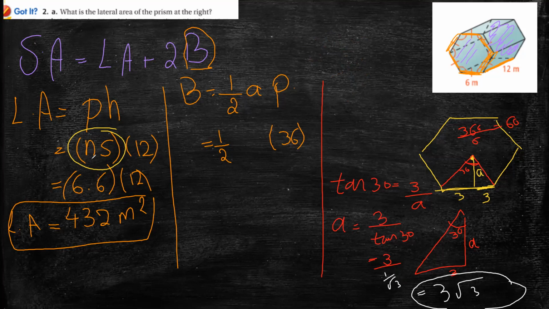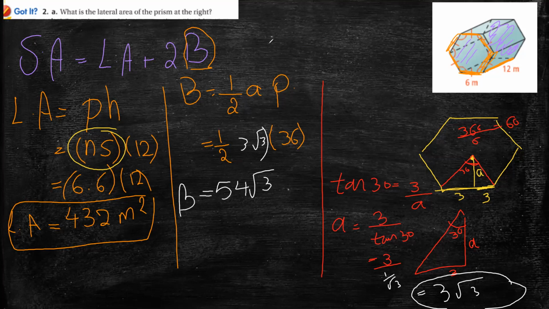After we found the apothem, we put them here. So half the apothem times the perimeter, 18 times 3, 54 square root of 3.